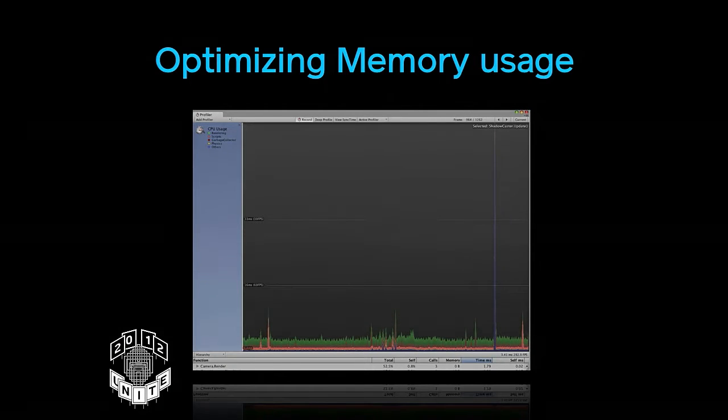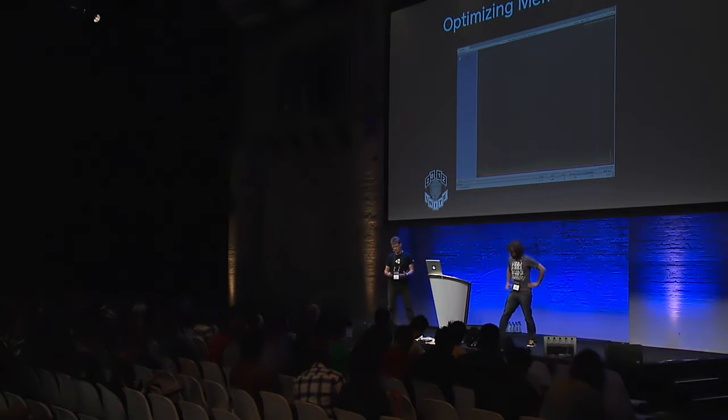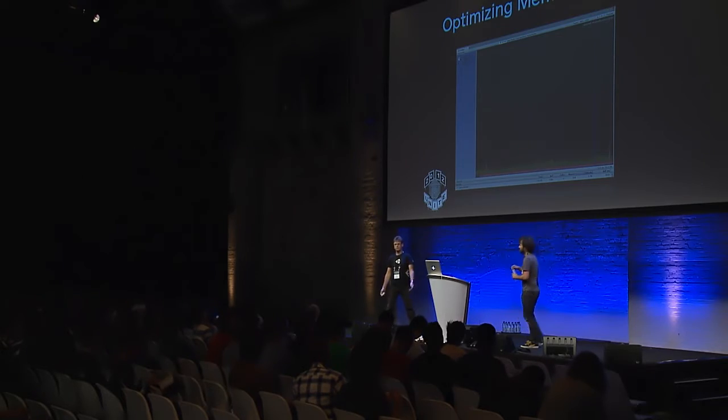When optimizing for memory usage, there are mainly two different things that you want to optimize for. One is the memory footprint of your application, to limit the download size for mobile devices and applications.